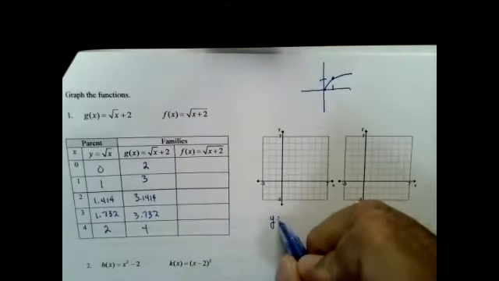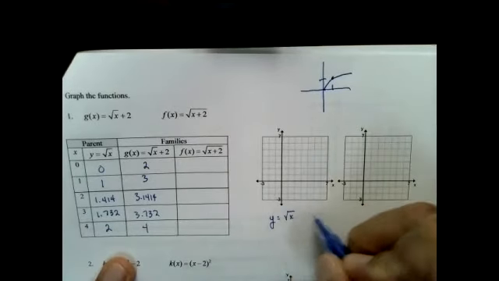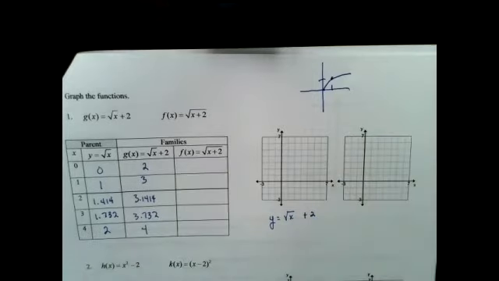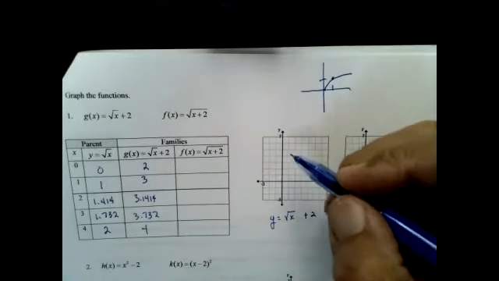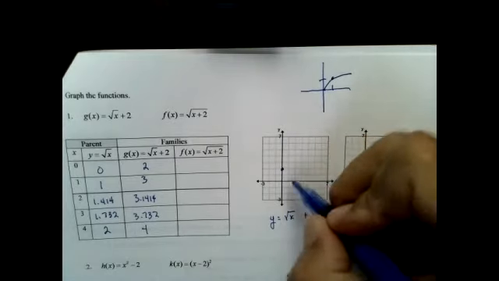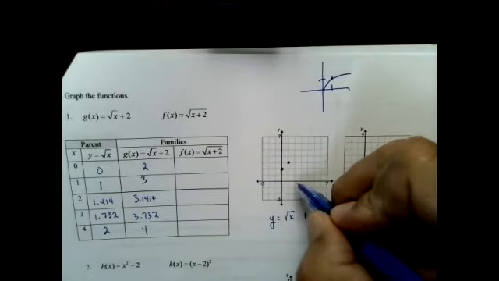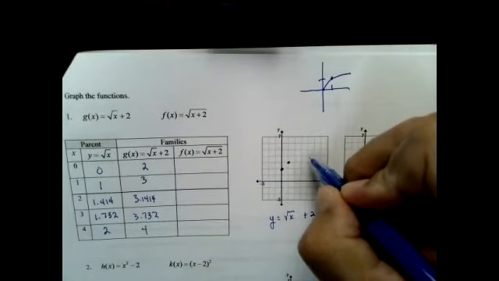If I come over here and I graph this, y equals the square root of x, then plus 2, that's the last thing I do, I get something that looks like at 0, I'm at 2, at 1, I'm at 3, at 4, I'm up at 4.